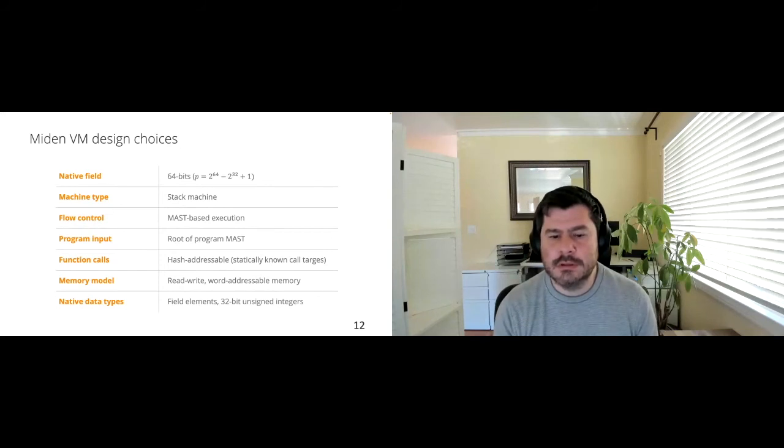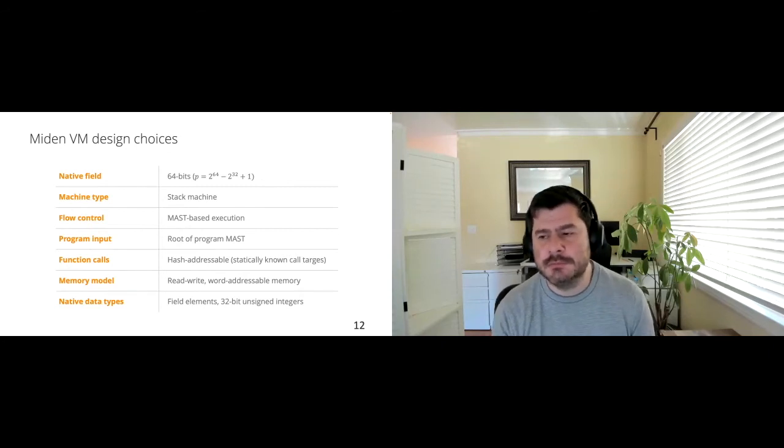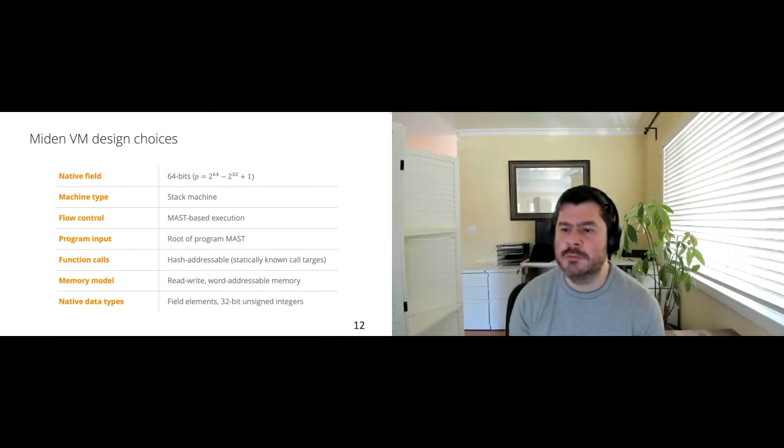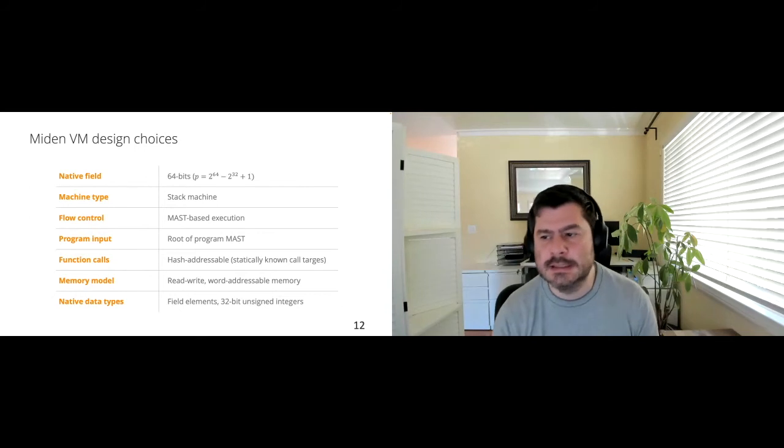For machine type we decided to go with a stack machine. There are again a number of different considerations why you might want to choose a different architecture, but for our purposes, at least initial thinking is that a stack machine will provide the best trade-off between performance and simplicity.